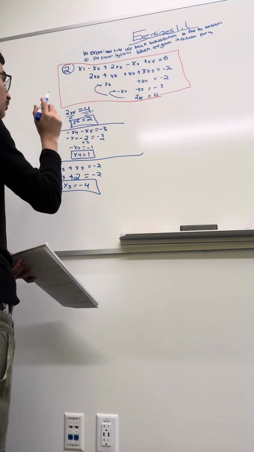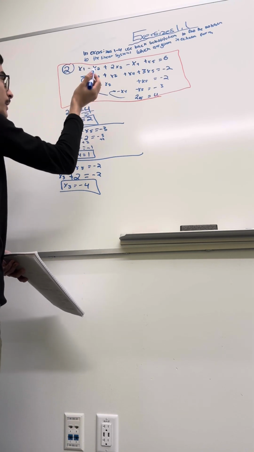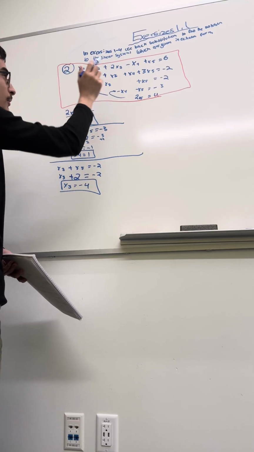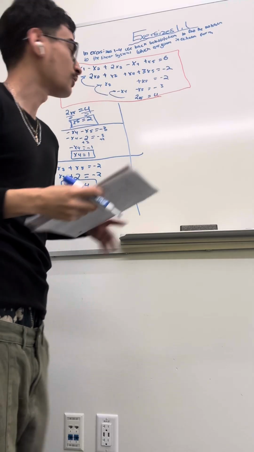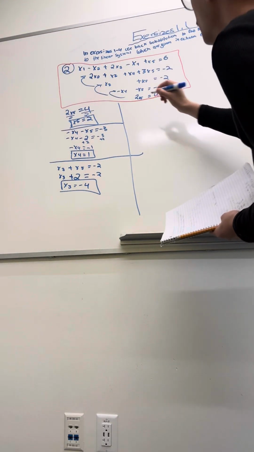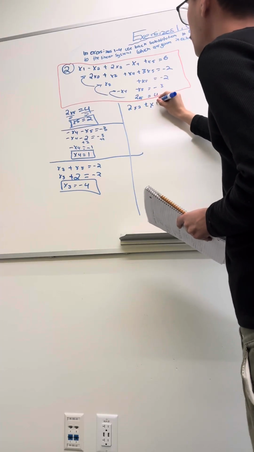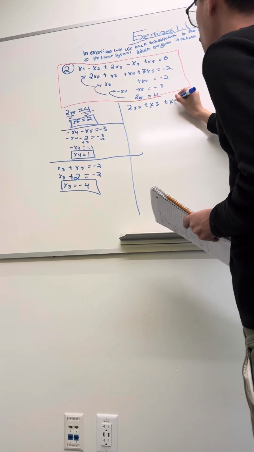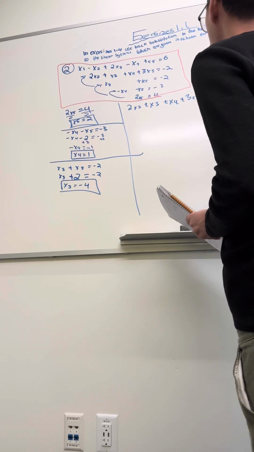And so now we have 3 solutions we're going to use to work our way up to our second equation, which is 2x2 plus x3 plus x4 plus 3x5 equals negative 2.